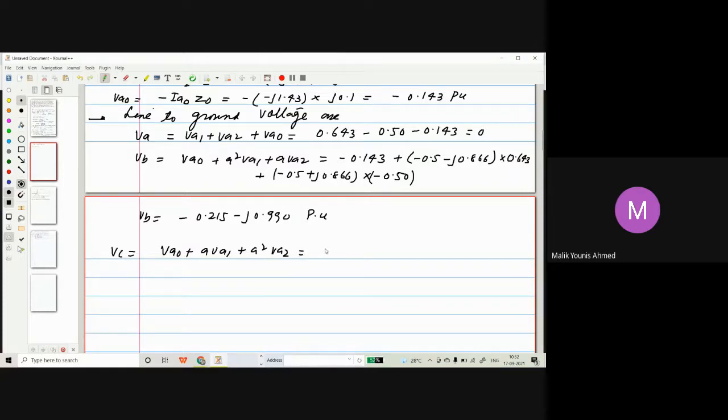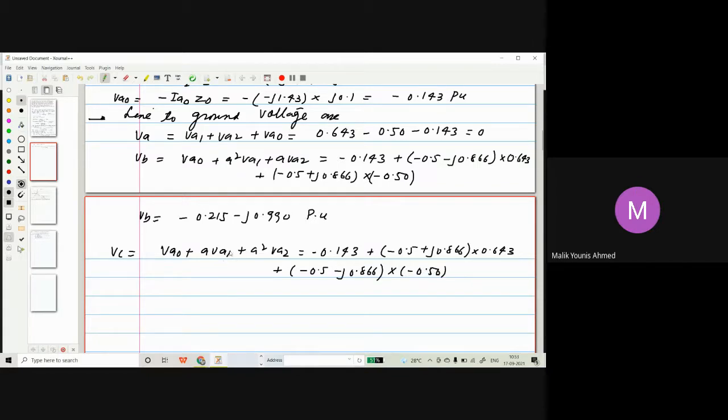VA0 is minus 0.143, plus a, which is minus 0.5 plus j 0.866, into VA1. VA1 is 0.643, plus a square, which is minus 0.5 minus j 0.866 in rectangular form, multiplied by the VA2 value of minus 0.50.